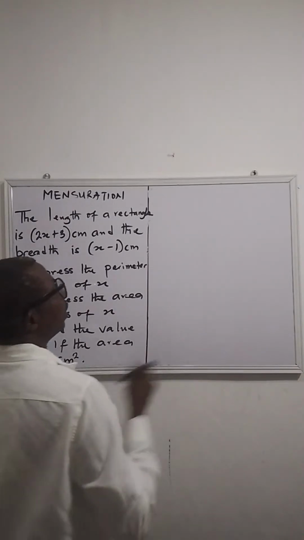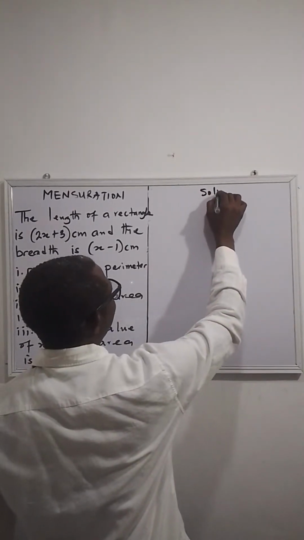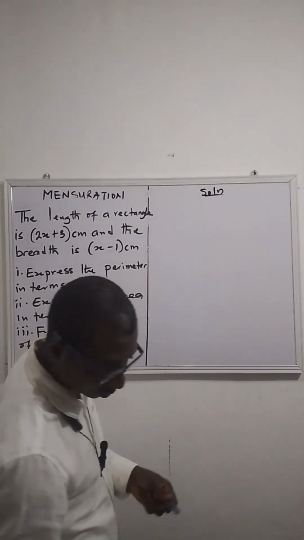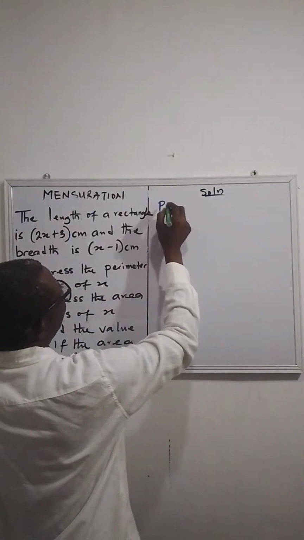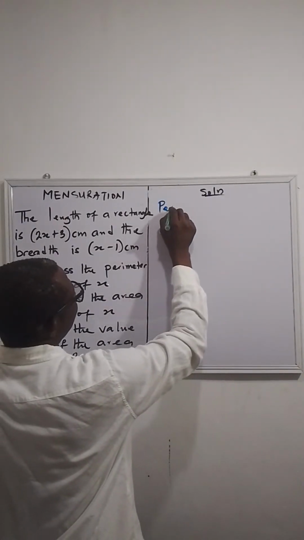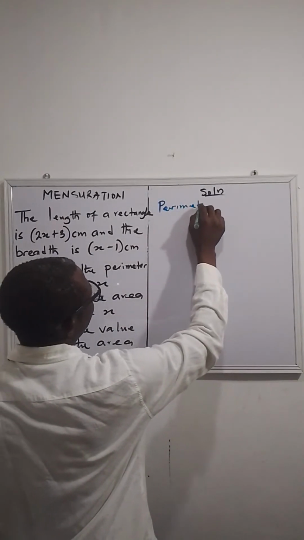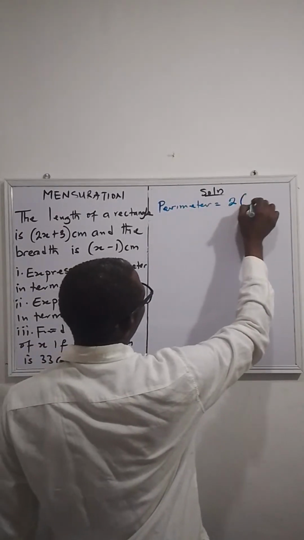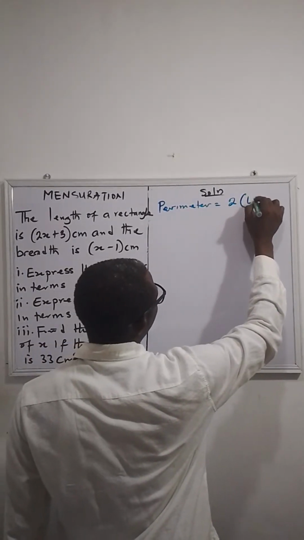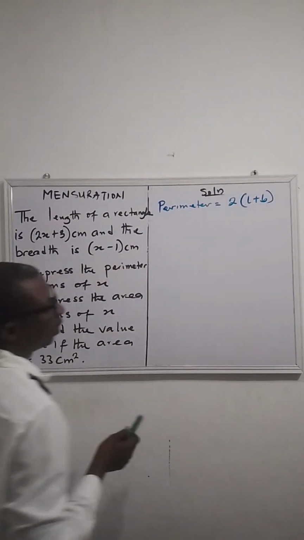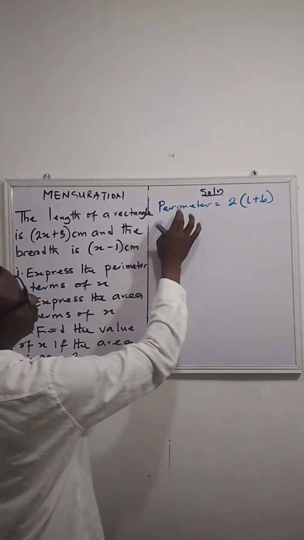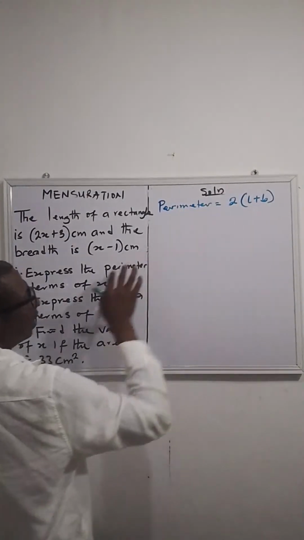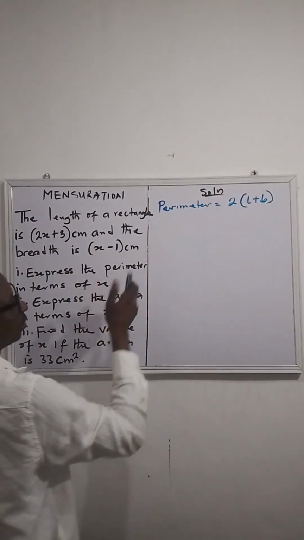Perimeter of a rectangle equals 2 times length plus breadth. Now I need an expression for this in terms of x. That's what the question is asking for.